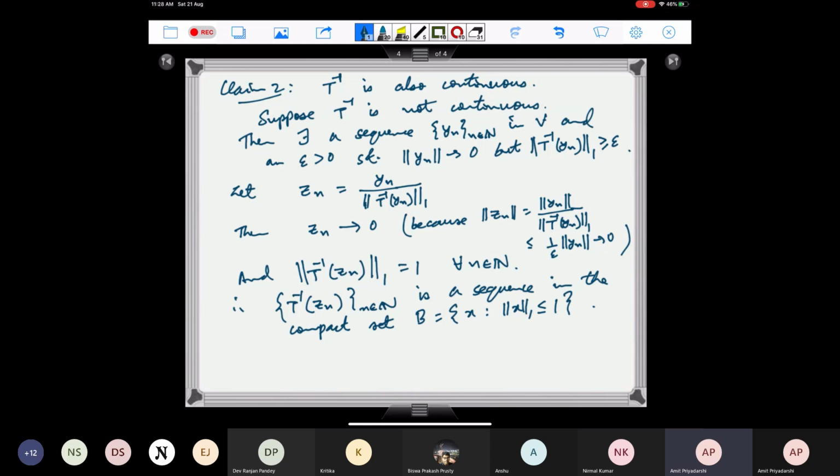So I have a sequence in a compact set. If there is any sequence in a compact set, then it must have a convergent subsequence in a metric space, right?